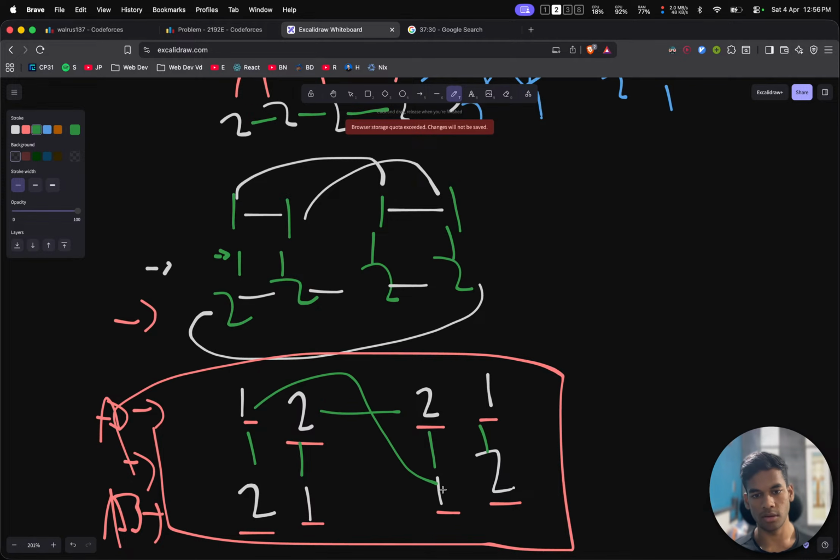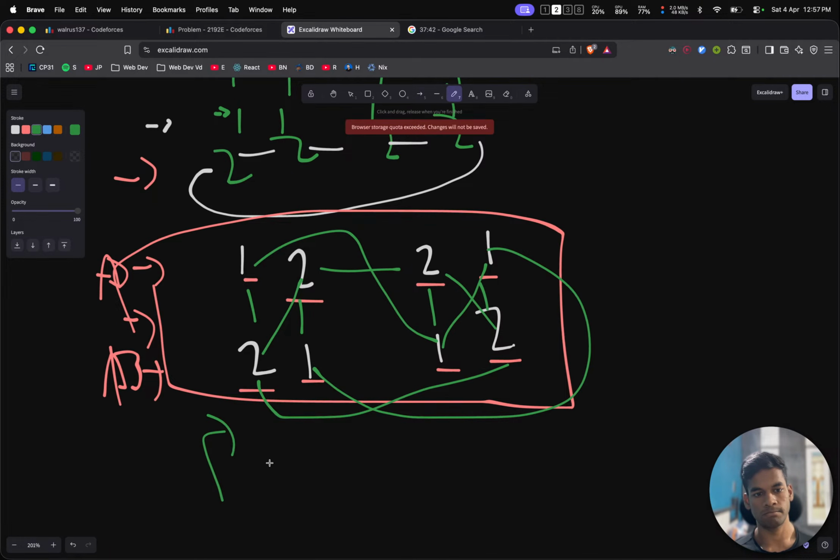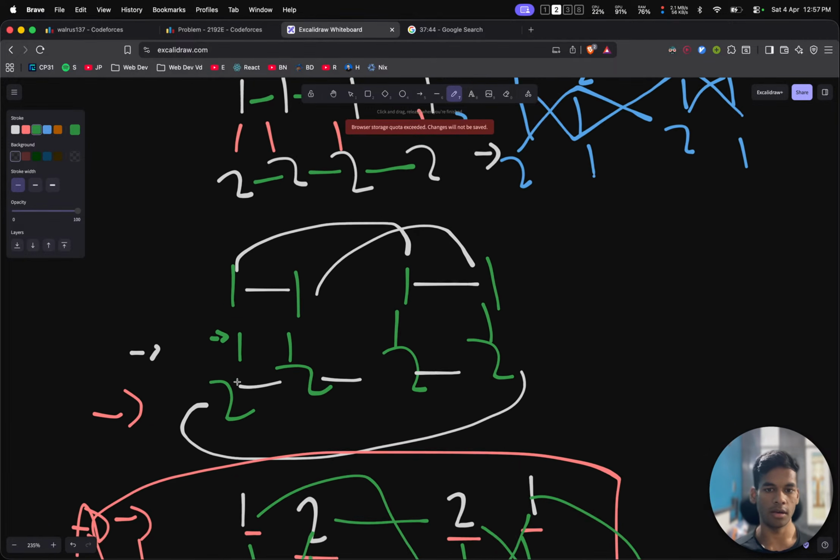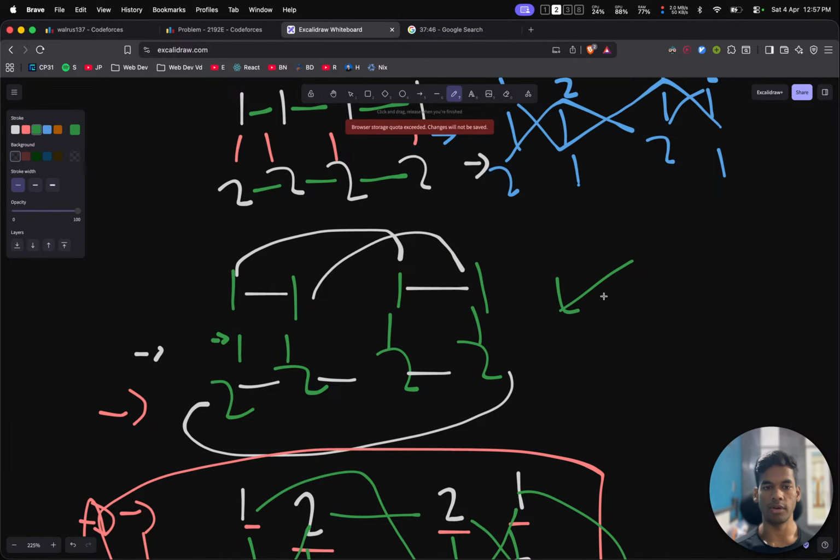Some other way. Or maybe we can find a better way of making these connections in nodes.